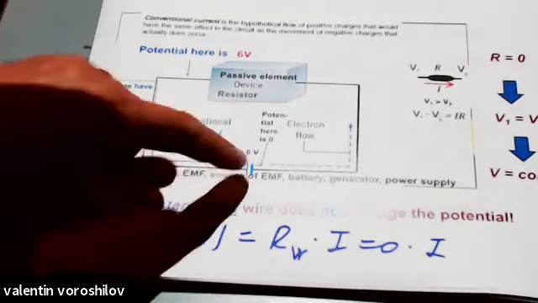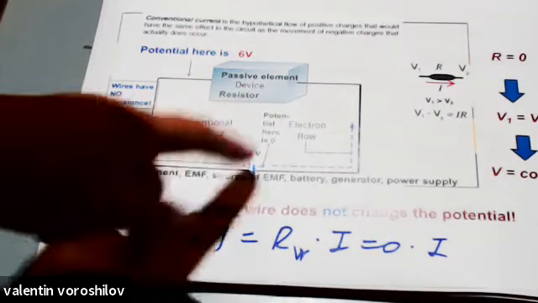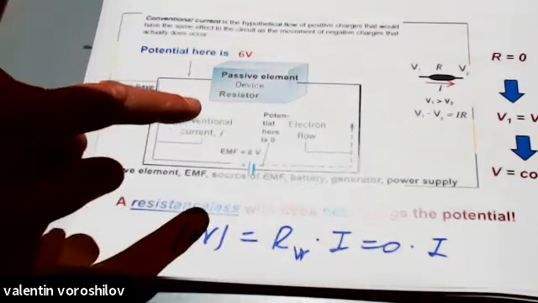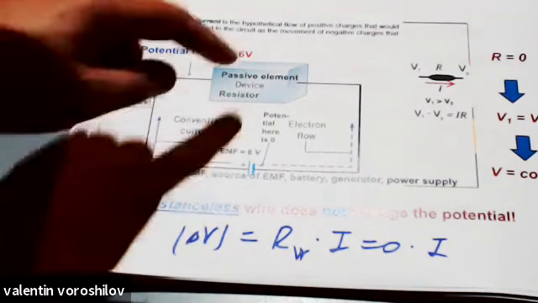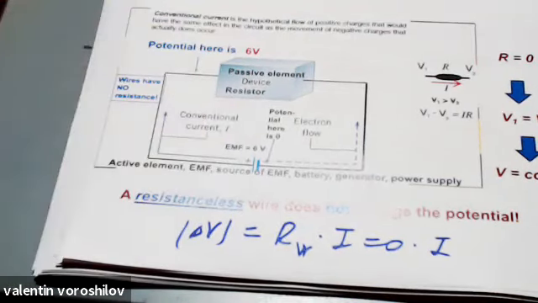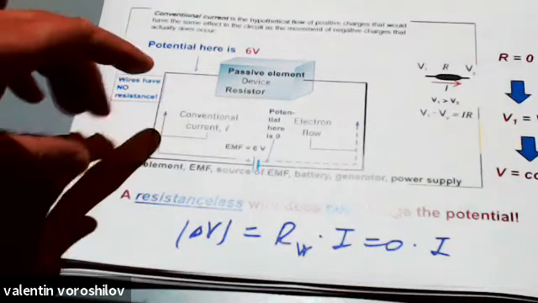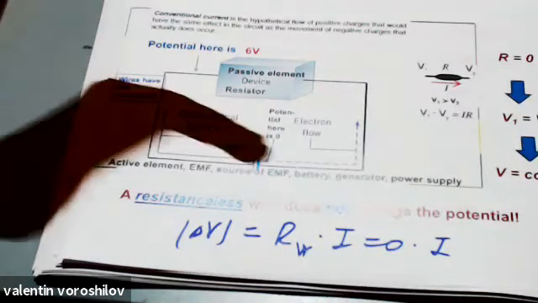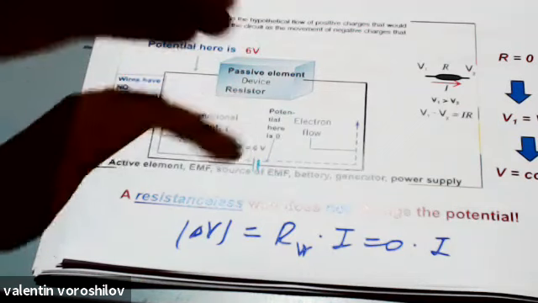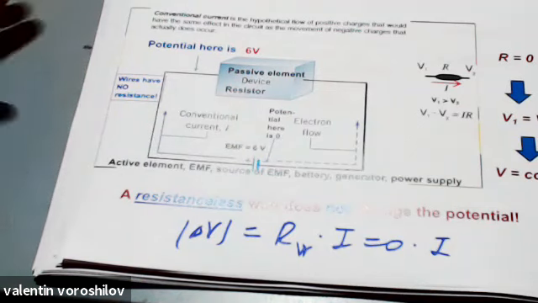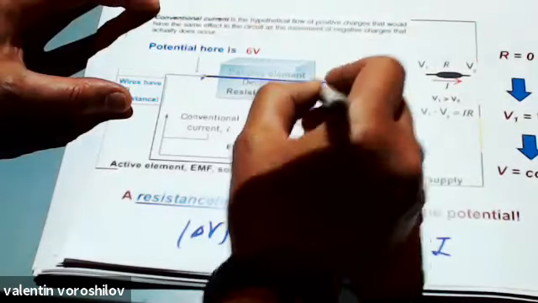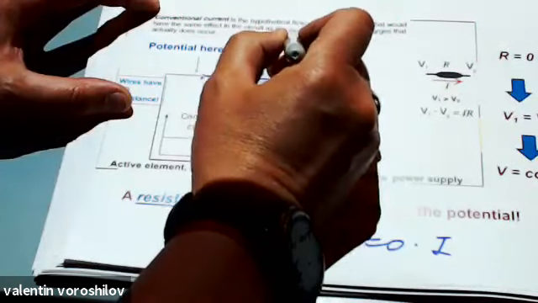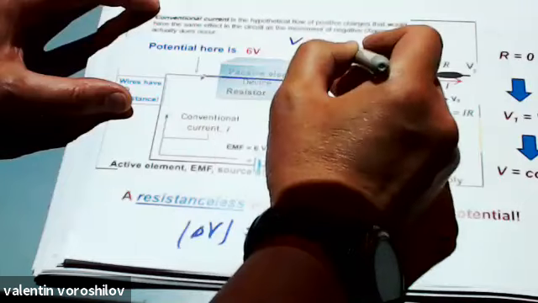What changes potential? Well, of course, the battery. The battery increases potential by the value of EMF. What else changes potential? Of course, the resistor. But the resistor decreases, or people say drops, the potential in the direction of electric current. From here to here, electric potential drops by 6.